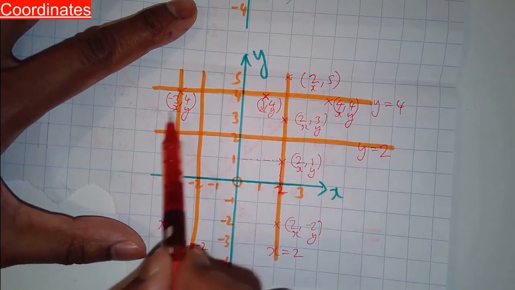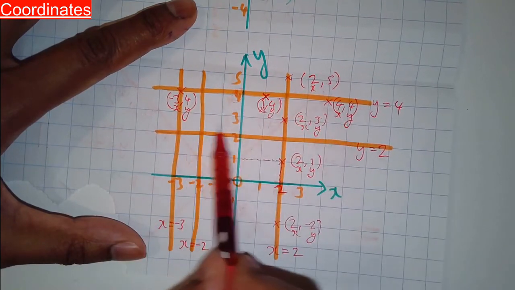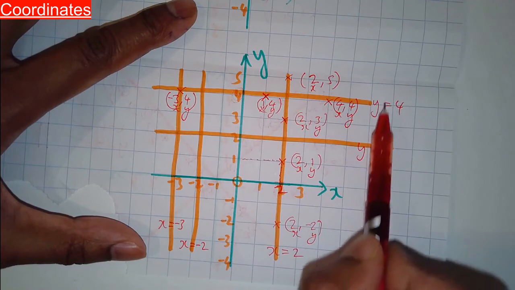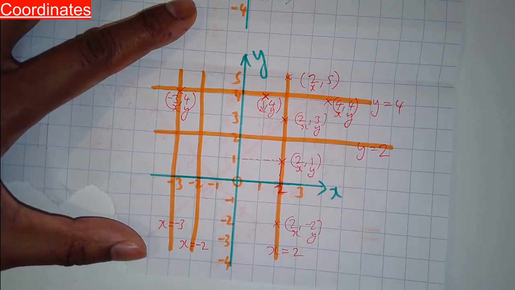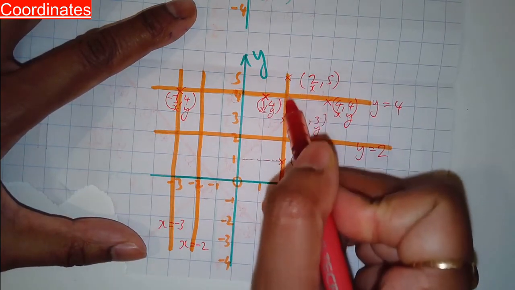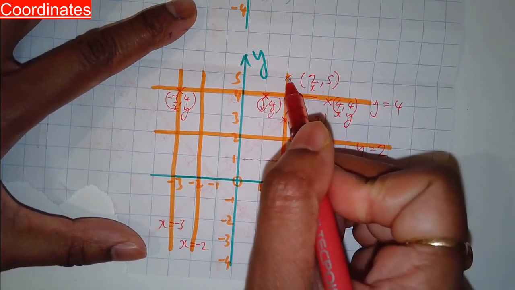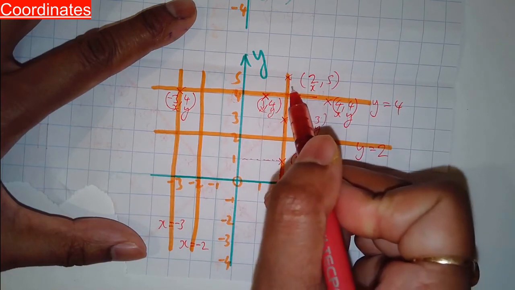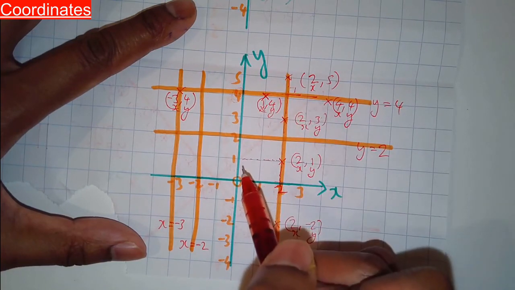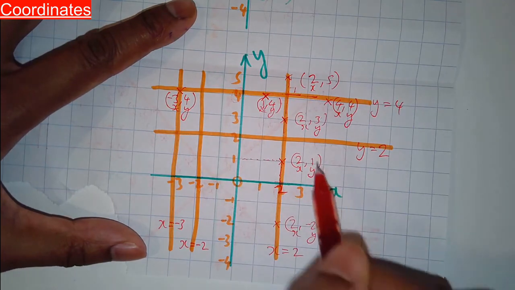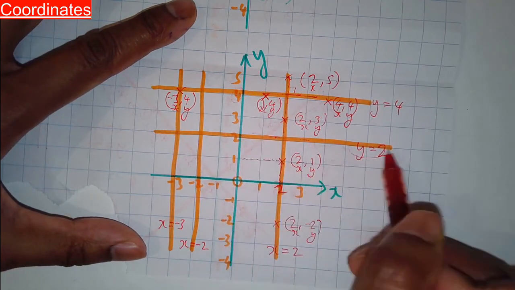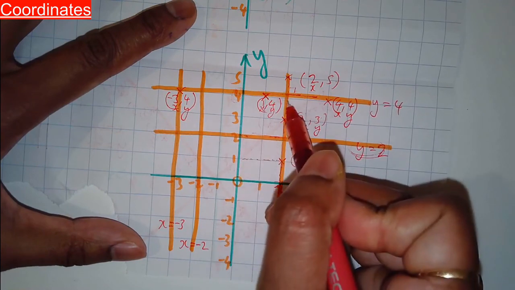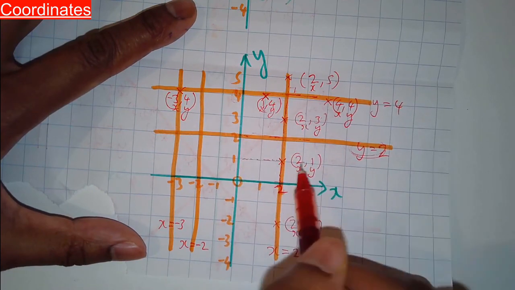These are parallel to each other, alright? But this line and this line are perpendicular to each other because they make a right angle. So for example, you would say y equals 2 is perpendicular to x equals 2.